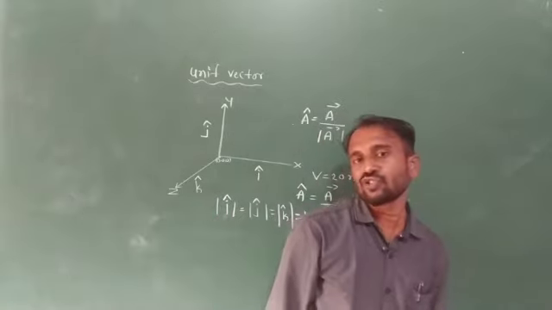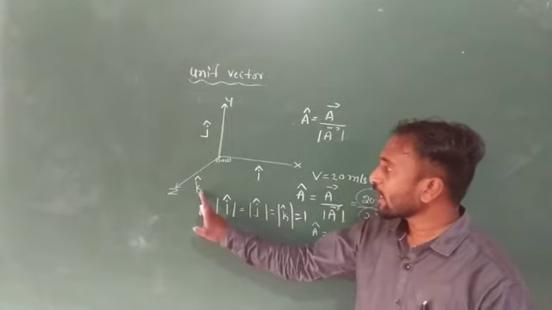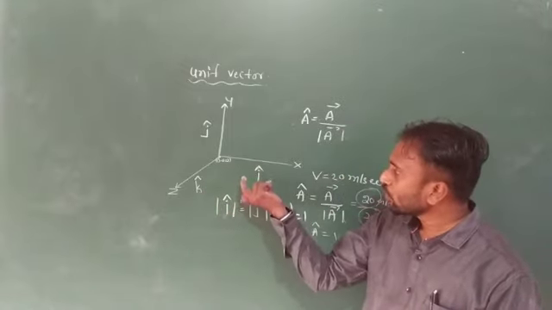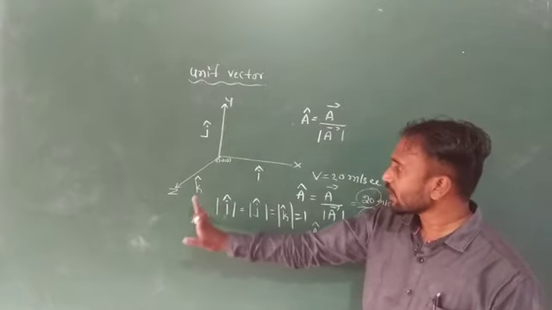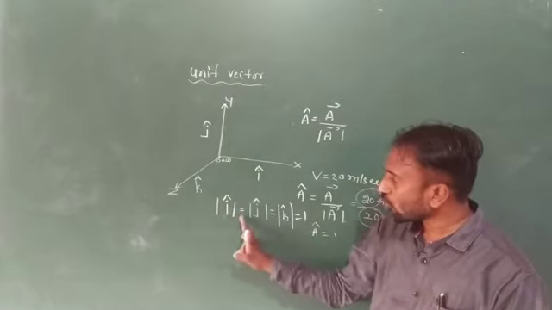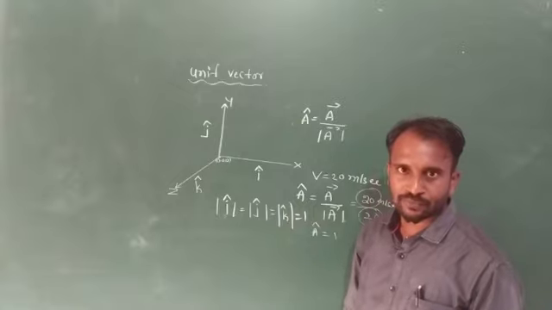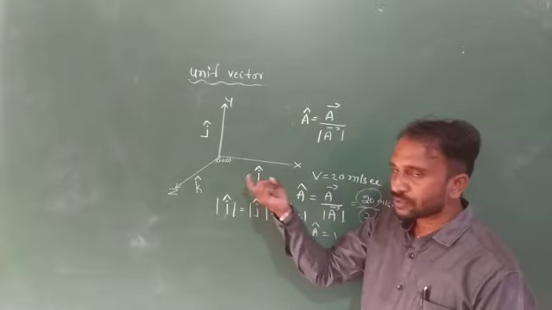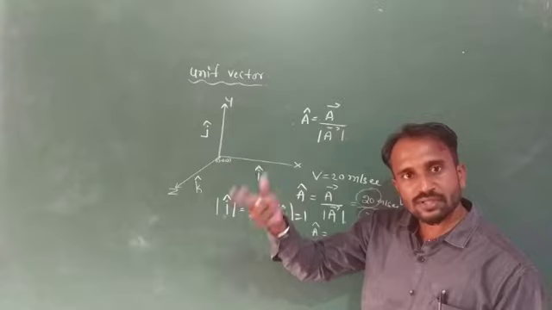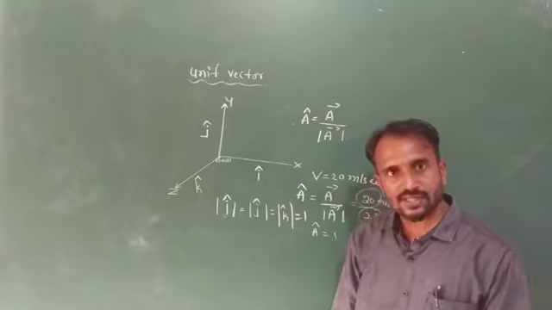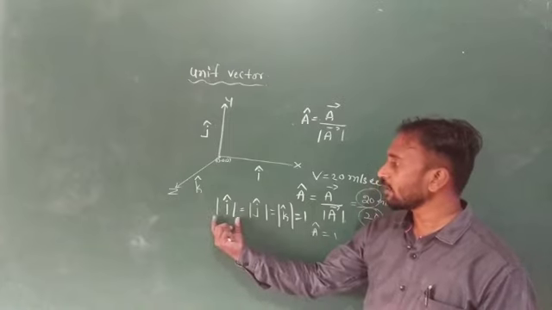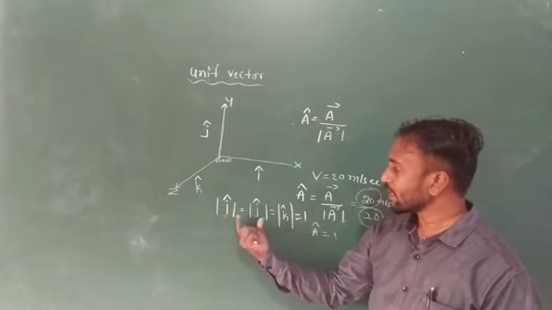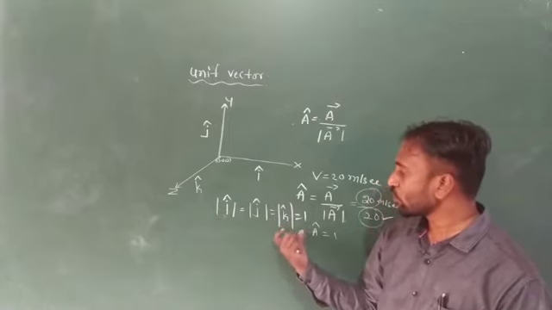Because i cap, j cap and k cap represent unit vectors along the x-axis, y-axis and z-axis. For this reason, i cap is 1, j cap is also 1, and k cap is also 1. The magnitude is always 1, so modulus of i cap equals modulus of j cap equals modulus of k cap is always 1.